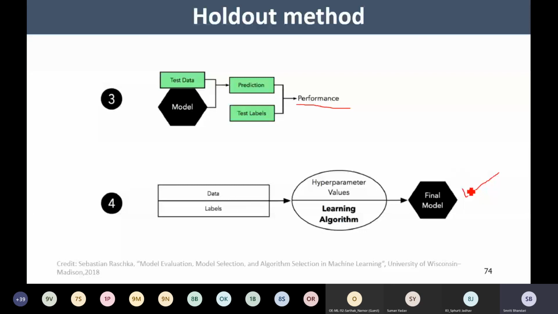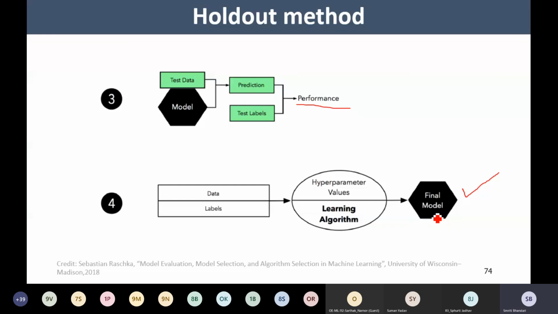And whatever this final model is, I'll be using this final model further for real-time samples that are presented to my model and for which I would like to predict the output. So this is how this holdout method works.